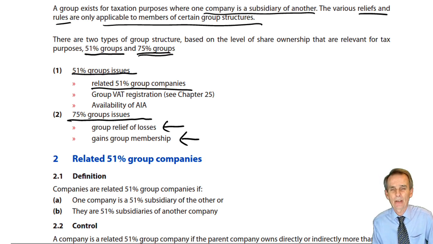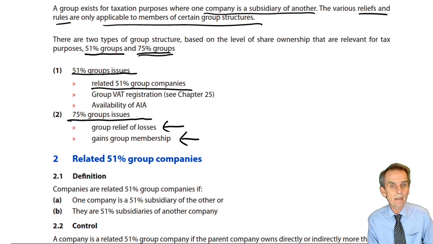But now, within a group of companies, we'd have to share that profit limit out amongst all of the companies within the 51% group. So the profit limit for use in any of the individual group companies needs to be divided by the number of related 51% group companies.